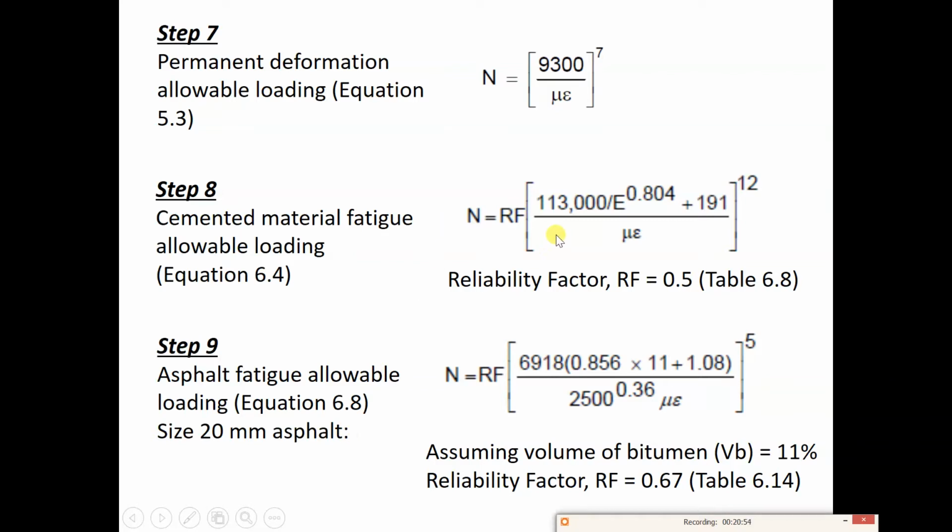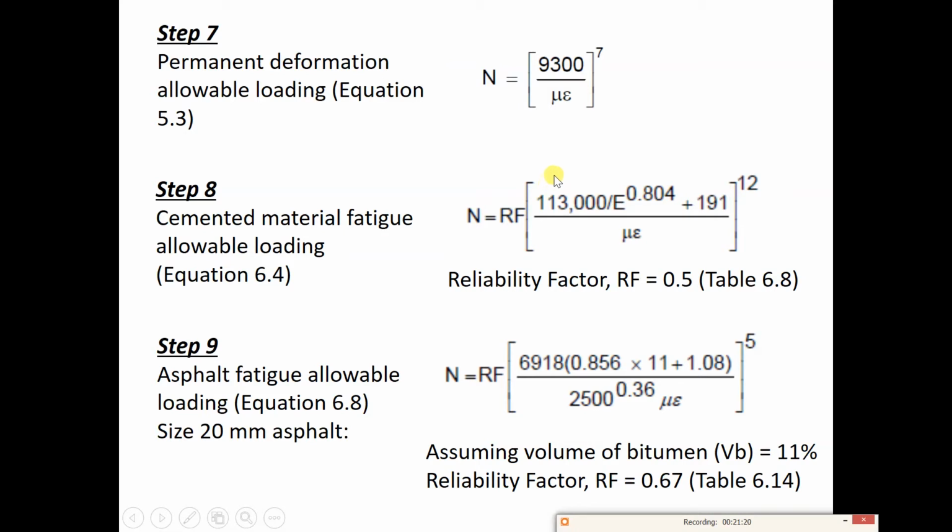So this is the formula that we're going to use. We know all these values, including E, except for this microstrain, the epsilon microstrain here. This one we need to get from the CIRCLY output. So we need to run it.